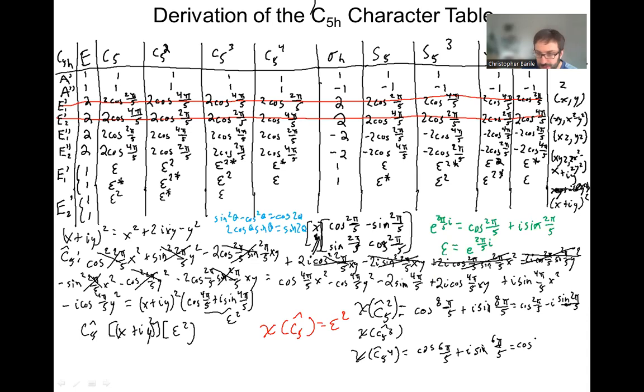Cosine 6 pi over 5 is equal to cosine 4 pi over 5, and sine of 6 pi over 5 is equal to negative sine of 4 pi over 5. Well, this looks just like epsilon squared, which is basically like this but with 4 pi over 5s. But this has a negative instead of a positive. So we're going to get the complex conjugate of epsilon squared. So that gets fed in here.